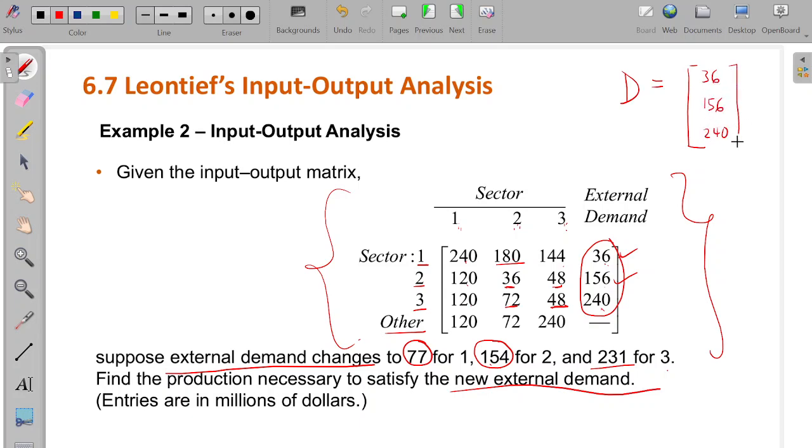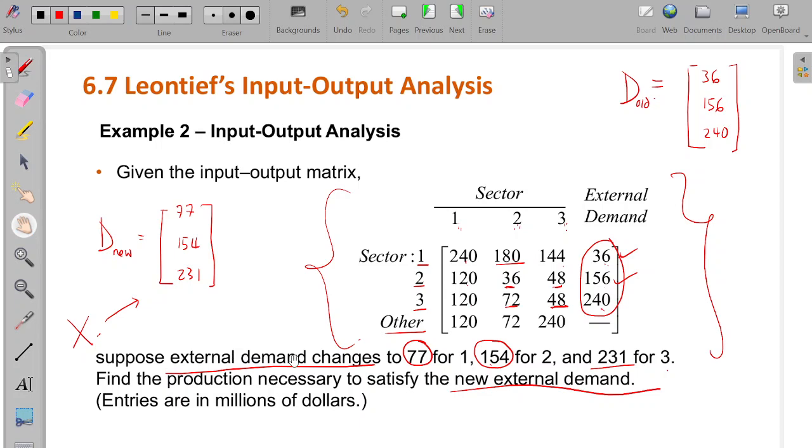The new demand is 77, 154, 231. We want to find the production X for this new demand.